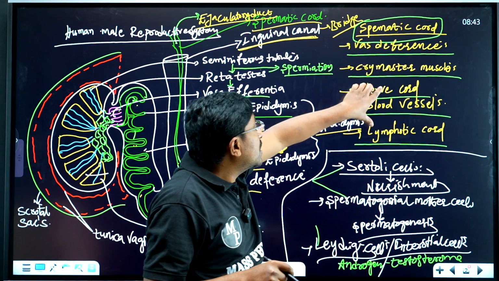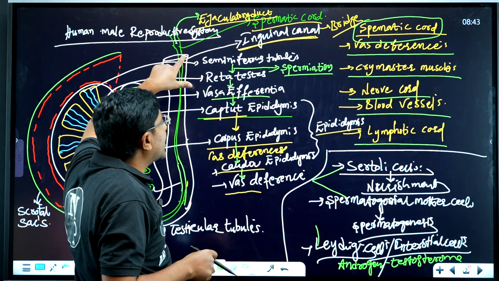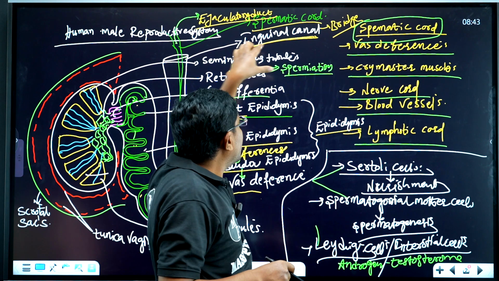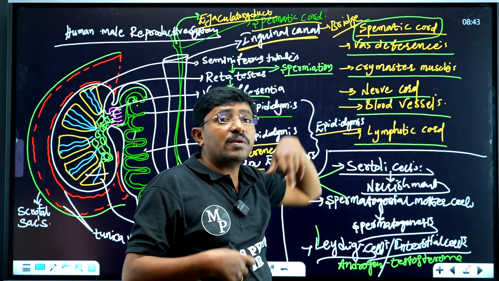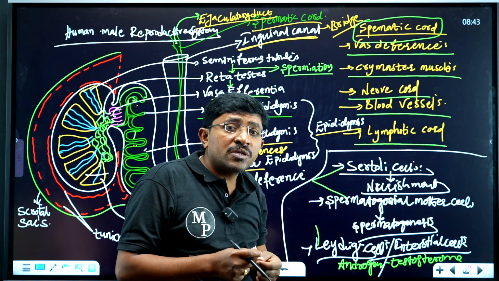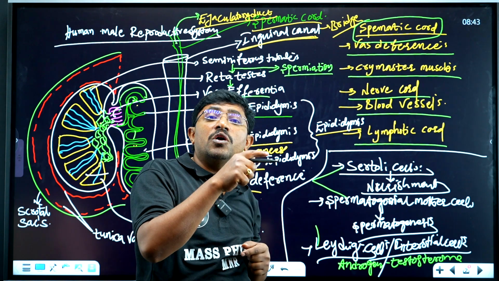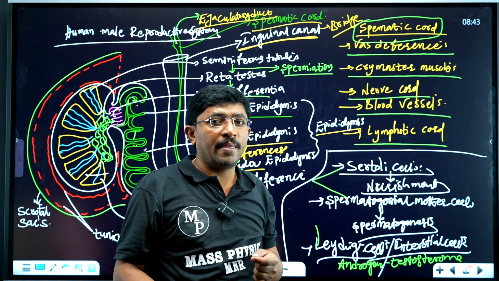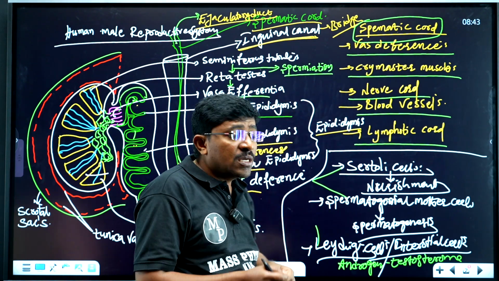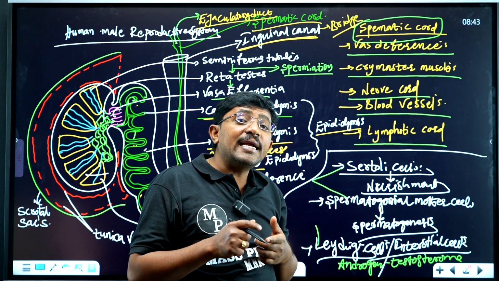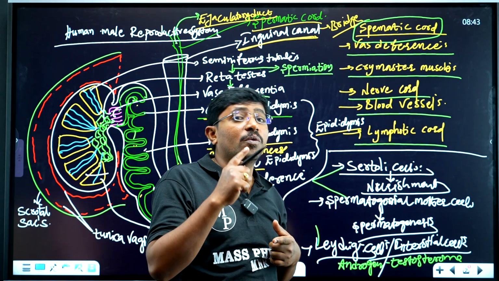These structures are present in the inguinal canal, and through the inguinal canal some structures enter into the scrotal sacs from the abdomen, and some structures enter into the abdomen from the scrotal sac. In these spermatic cord structures, which structures enter into the scrotal sac from the abdomen?